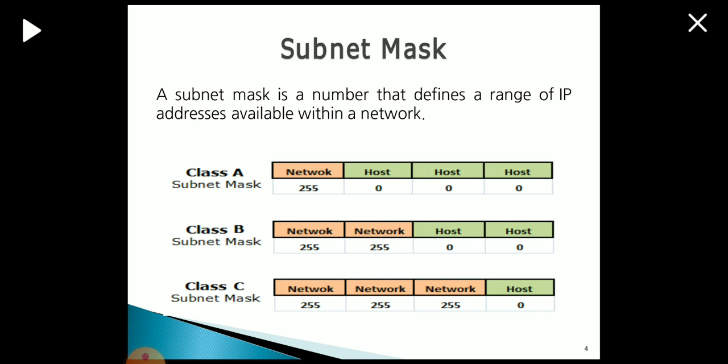Class B subnet mask is 255.255.0.0, where 255 represents network ID and 0 represents host ID, where class C subnet mask is 255.255.255.0, where 255 represents network ID and 0 represents host ID.